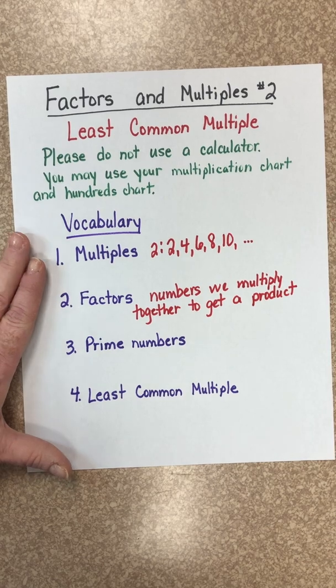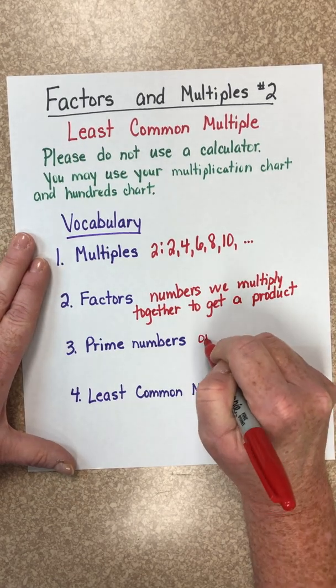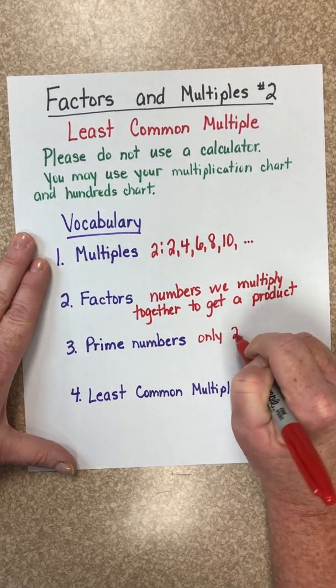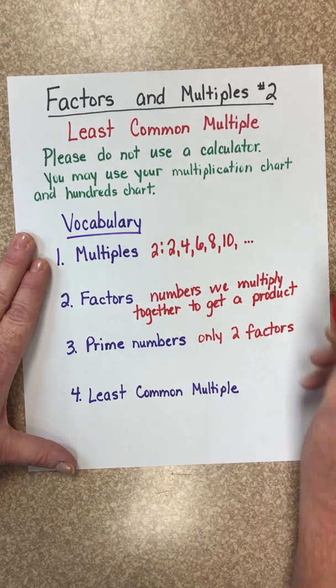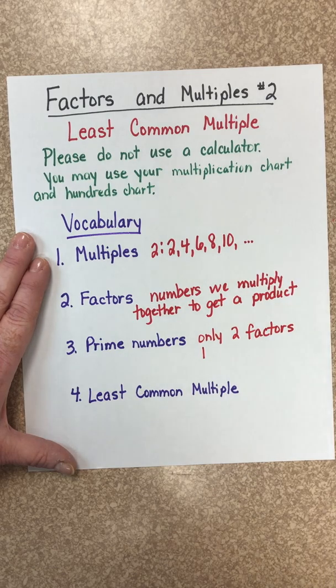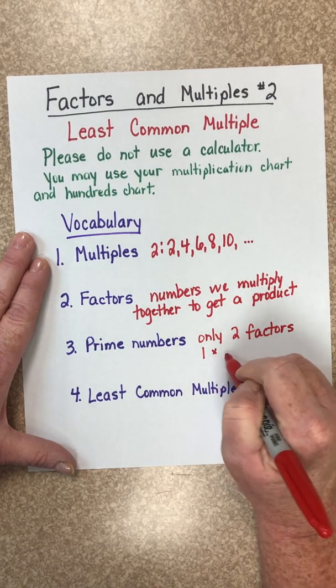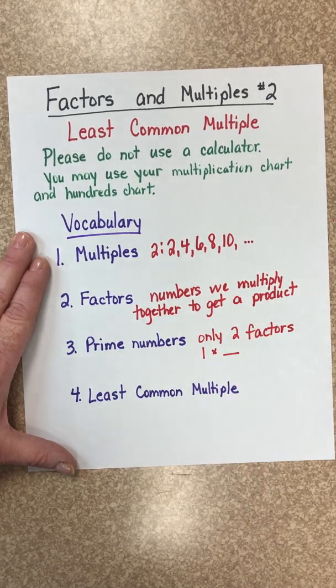Prime numbers are numbers that have only 2 factors. 1 is always one of those factors, and then whatever the number is, that's the second factor.